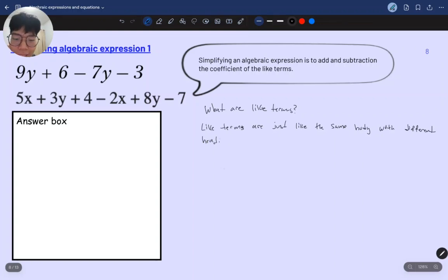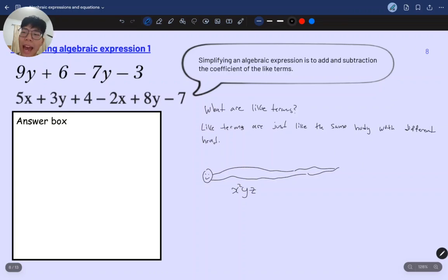Let's imagine a snake. Smiling. What do you think is the body in the term? Body in the term is the variables, like x squared, y, z. Those are the body.